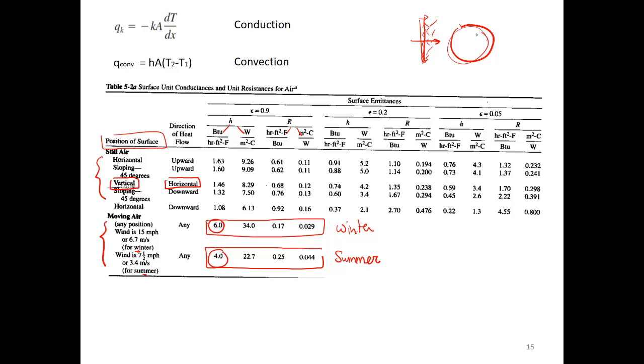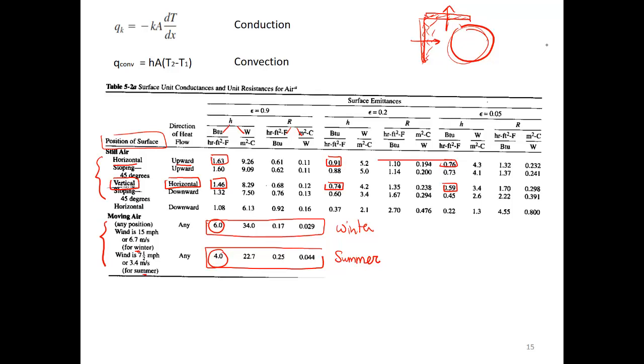H indoor can be found from, for example, here: if the emissivity is 0.9, 0.74, if the emissivity is 0.2, and so on. If you have a roof, for example, just simply a horizontal roof, then the heat transfer rate will be vertical. So if the surface is horizontal, this will be upward, and the value will be right here for the 3 emissivities.